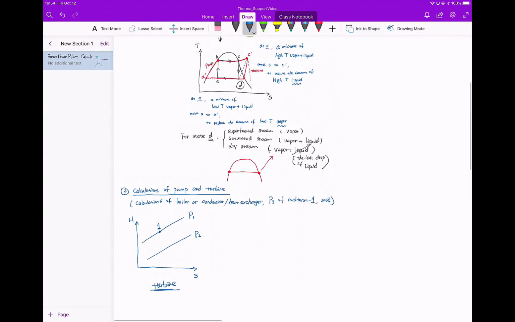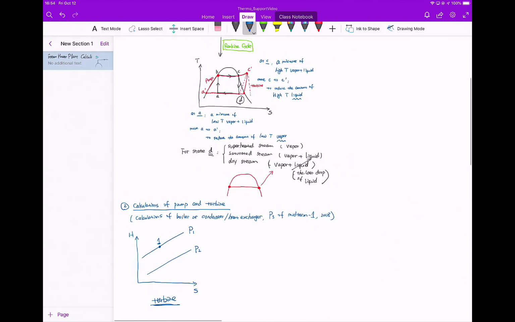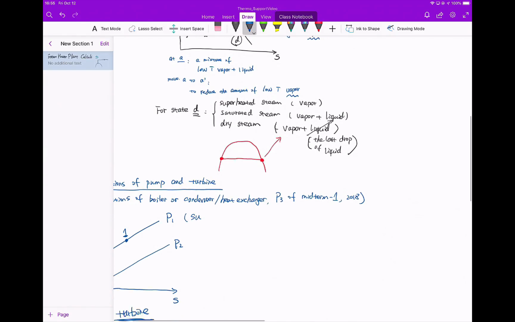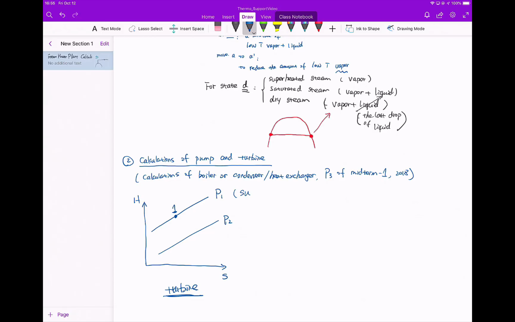Now if you take a look at this turbine inlet over there, very likely we are going to have this as superheated steam.